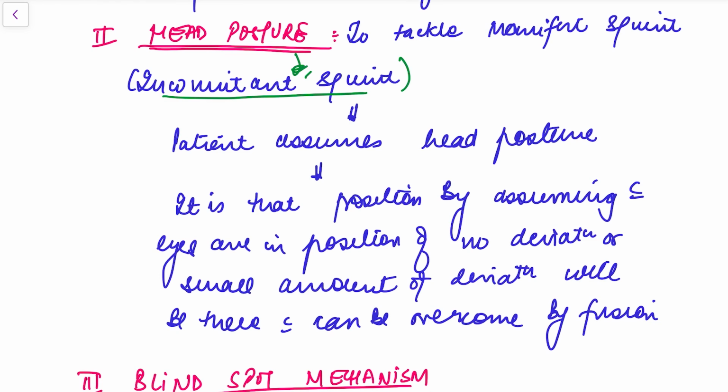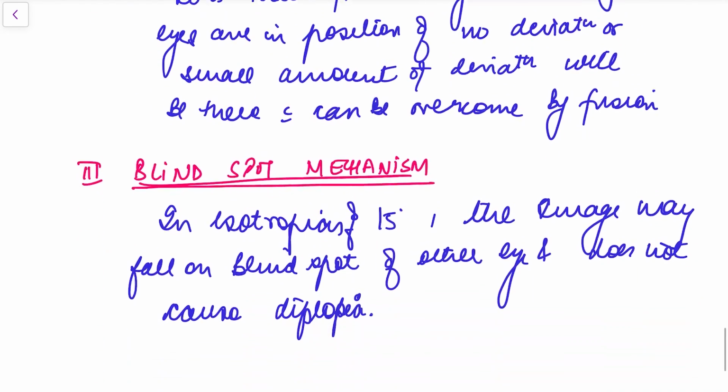So the body will try to avoid the gaze in which the deviation will be maximum, and will assume such a posture that the deviation becomes minimum, or the diplopia which is present can be overcome by the patient. This you can understand more clearly when you watch my subsequent videos on paralytic squints.